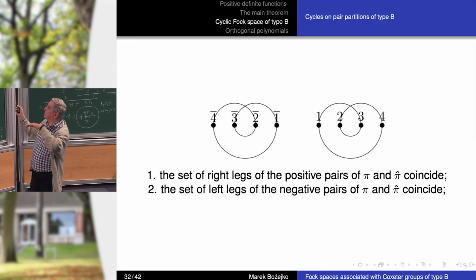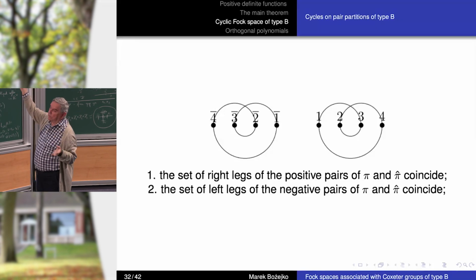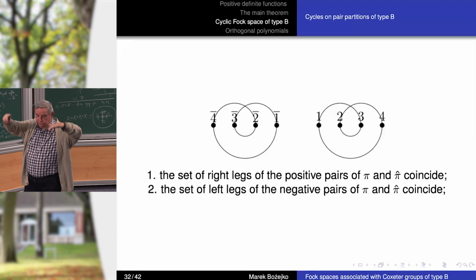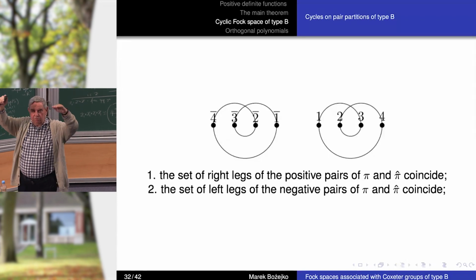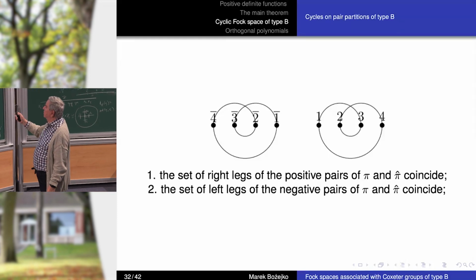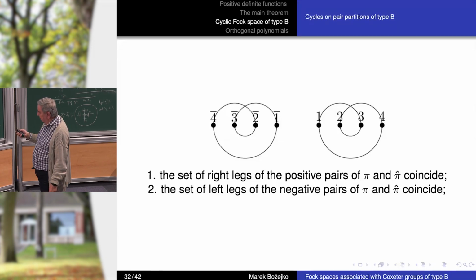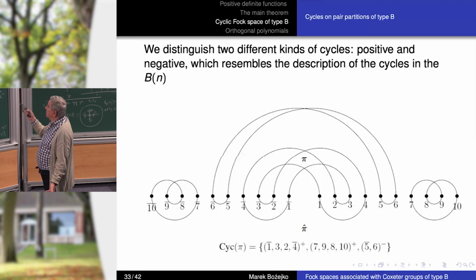It's important here that we have such natural pictures, which means a projection from pairings to non-crossing pairings. This one is non-crossing, but this one is crossing. That is what we discovered with Guta on the permutation group, but this is more general for negative and positive.